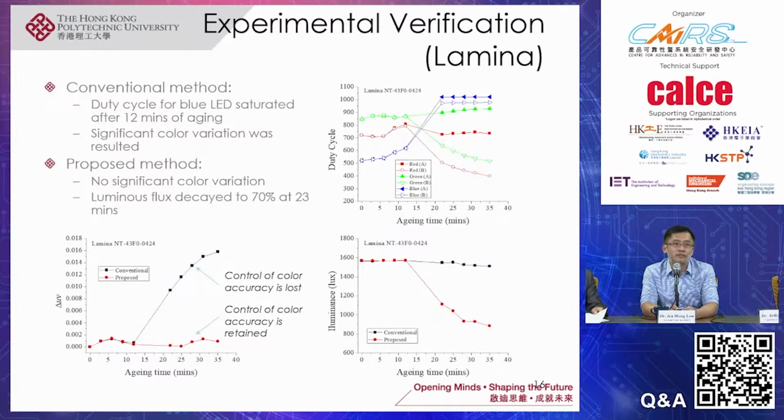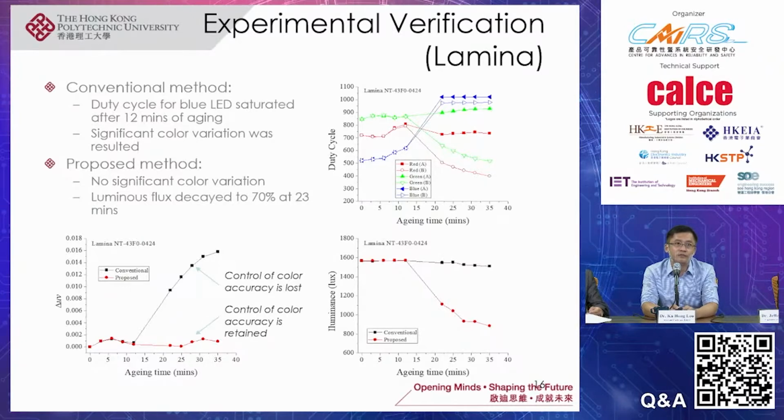So we can see on your top right corner the duty cycle applied to the RGB LED as the LEDs age. If we look at the blue light, the blue LED's duty cycle increases to its maximum value after around 12 minutes, right?